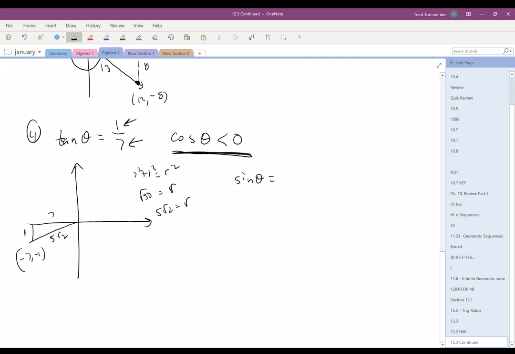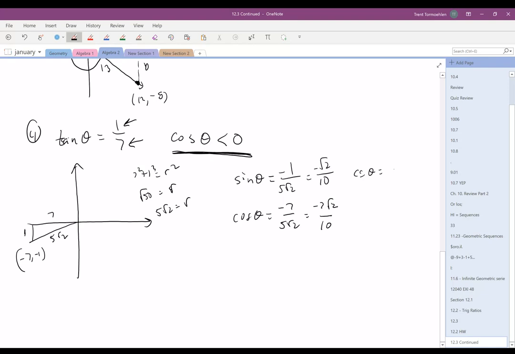Sine is y over r, so it's going to be negative 1, that's the y value, over 5 root 2, which just turns out to be negative root 2 over 10 when we simplify the radical. Cosine of theta is the same thing, except that it's negative 7 over 5 root 2. And so it just turns out to be negative 7 root 2 over 10. And then we do the reciprocals.